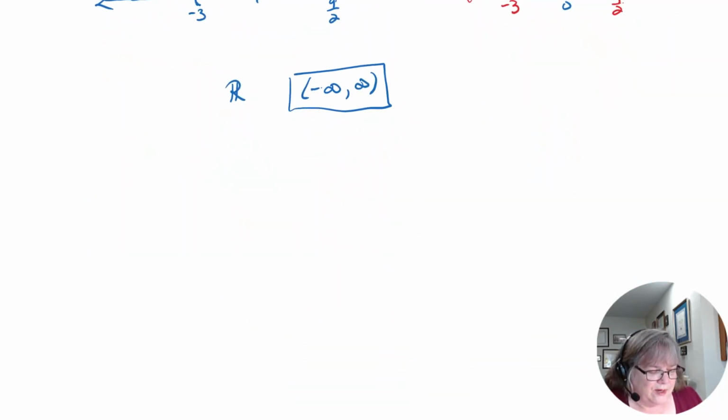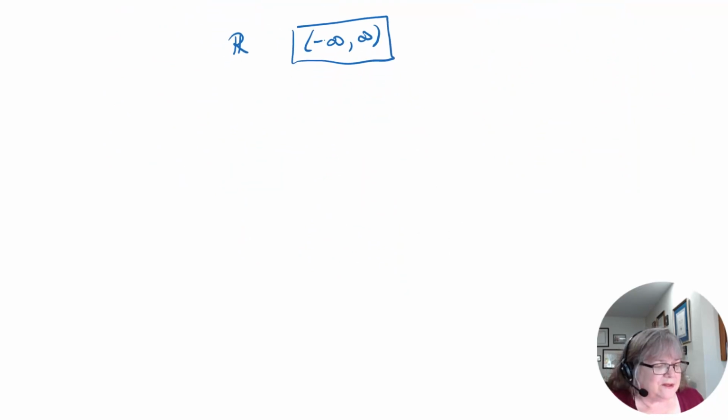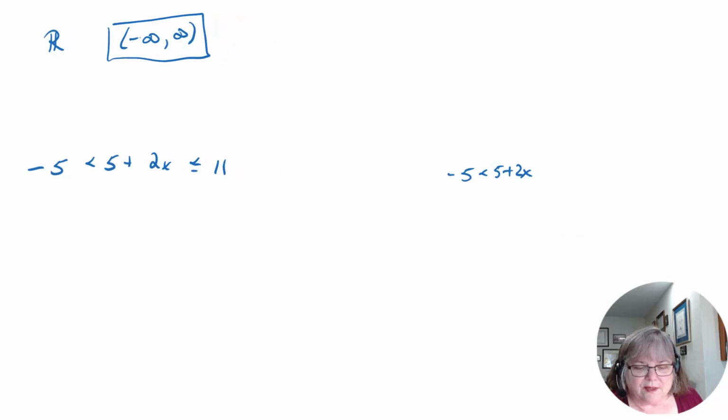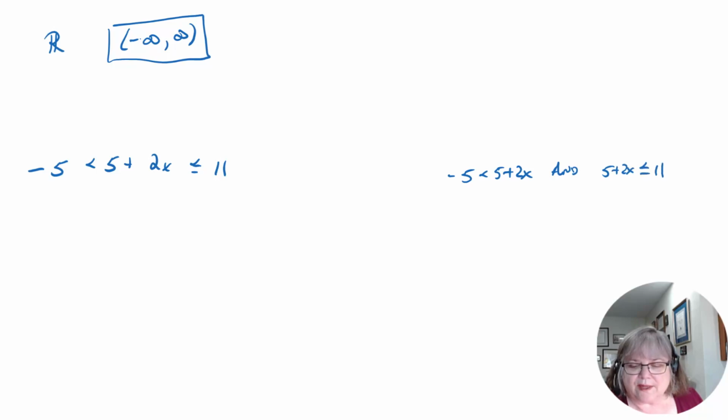Let's try just two more and then a little story problem. If they have an OR problem, they also have what's considered an AND problem. So that if you had something like negative 5 is less than 5 plus 2x, and 5 plus 2x is less than or equal to 11.